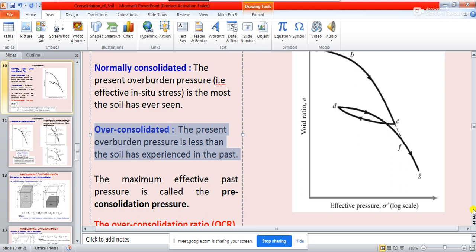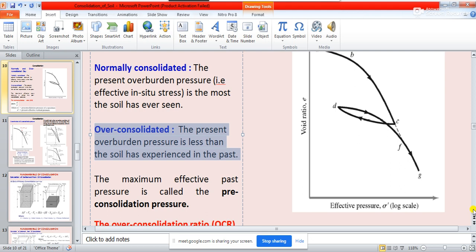That is 100 kilonewton per meter square. This stress which the soil had undergone in the past will be termed as pre-consolidation pressure.